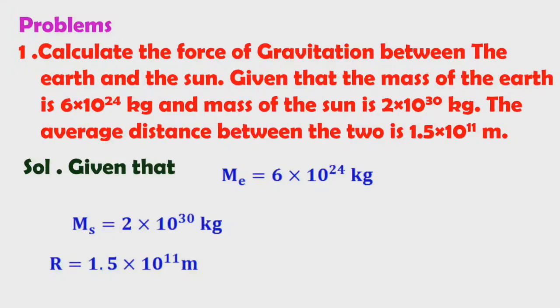You know the formula for gravitational force of attraction, that is F gravitational is equal to G m1 m2 by r square. Here m1 is the mass of the sun and m2 is the mass of the earth.